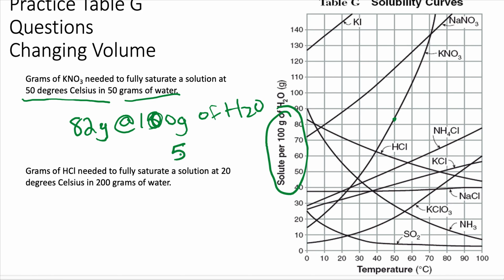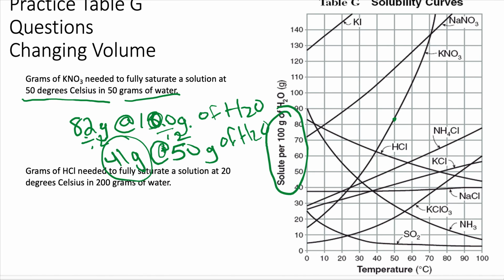But they want to know, what if I divide everything in half or put 50 grams of water instead of 100 grams of water? How much am I going to have? So you need to find out the ratio here. With 100, it was divided by 2, and that's how they got 50. So you're going to divide this by 2, and you're going to get 41 grams. And that's your answer right there. You only need half the amount.